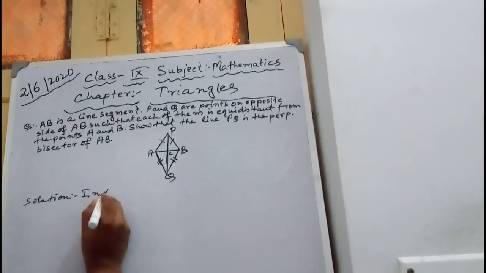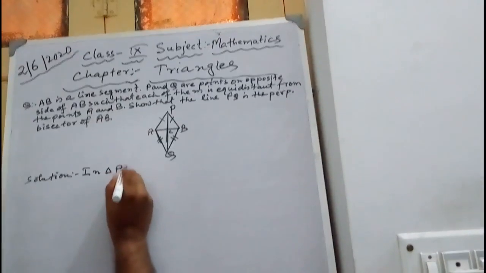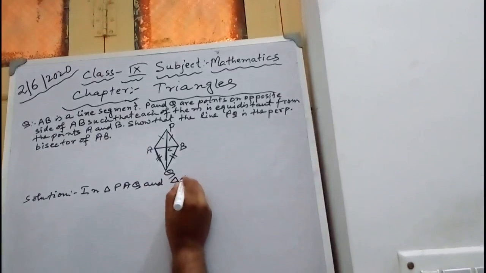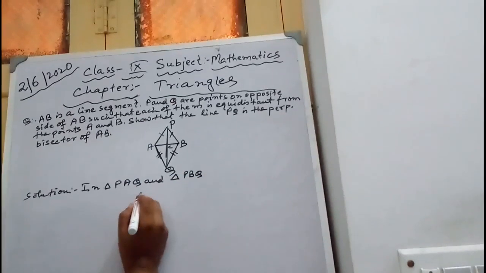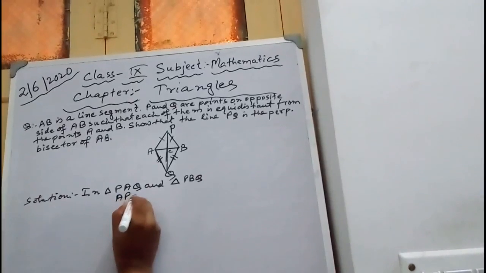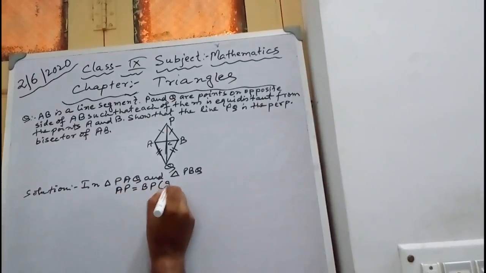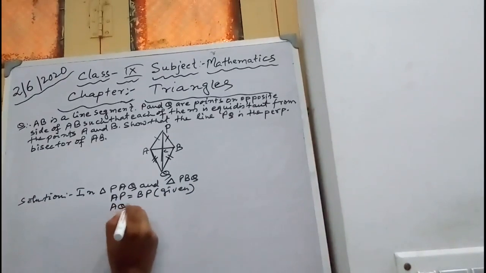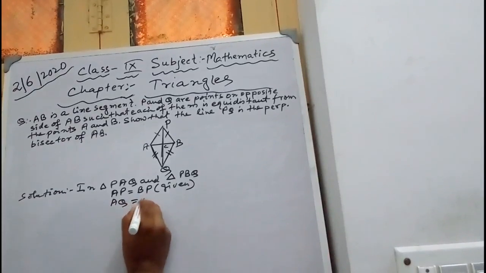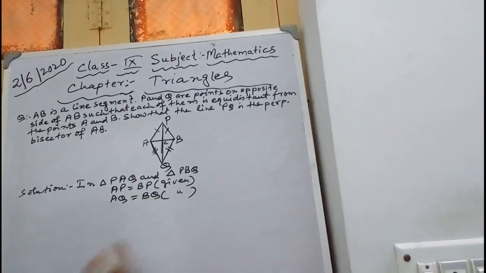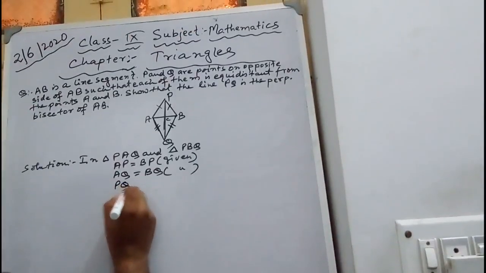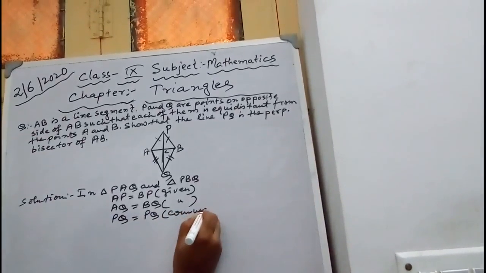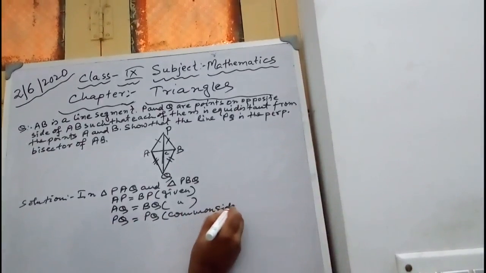In triangle PAQ and triangle PBQ, AP equal to BP, given. AQ equal to BQ, that is also given. PQ equal to PQ, that is the common side.